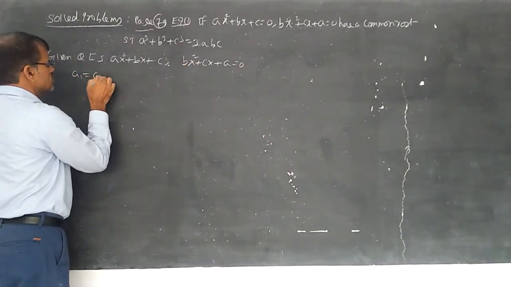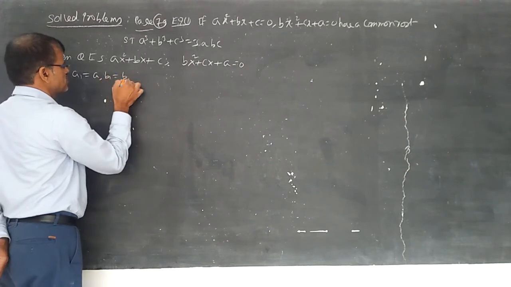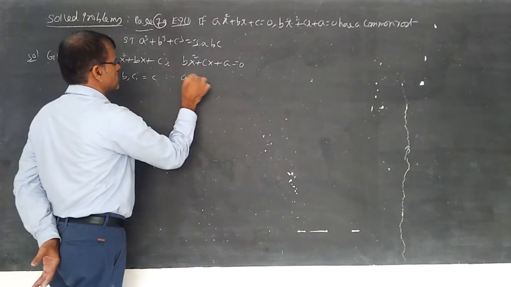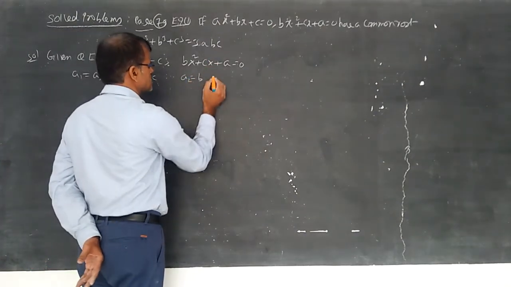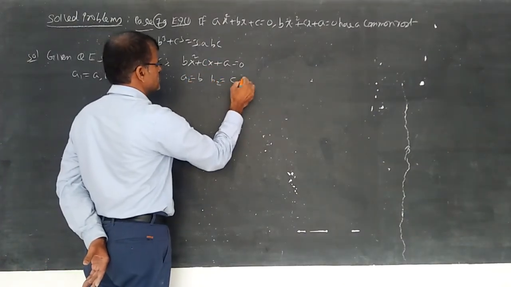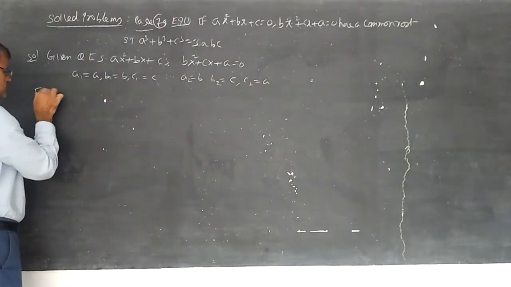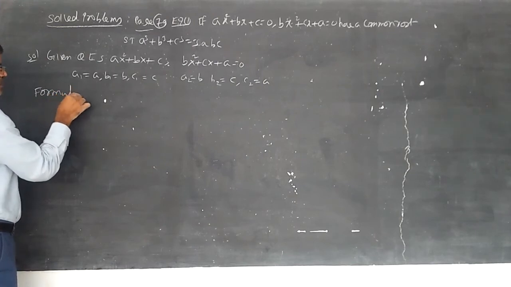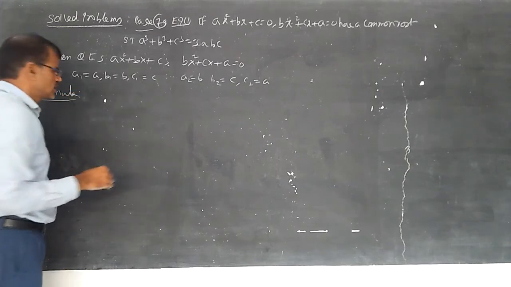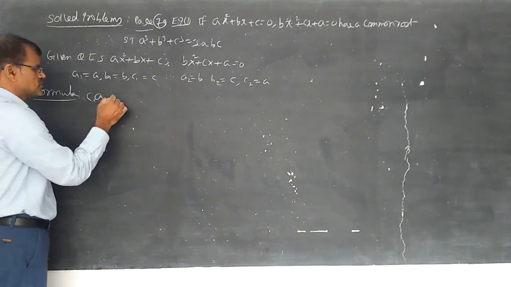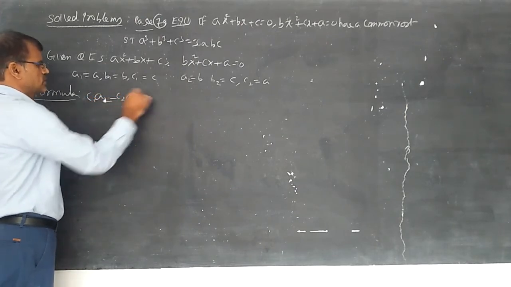Here a1 is equal to a, b1 is equal to b, c1 equal to c. Here a2 equal to b, b2 equal to c and c2 equal to a. I am writing the formula. When I explained the theory, I said to pronounce the words so the formula is remembered.